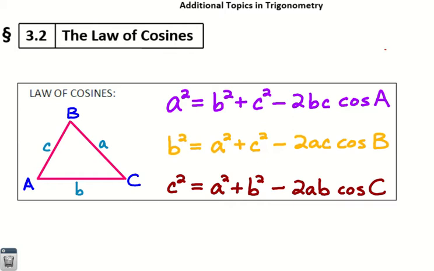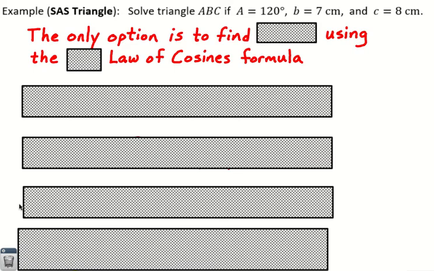So these are more formulas we can use if we need, and we're going to do a couple examples where, shocker, we're going to need those formulas because the law of sines will not be good enough.